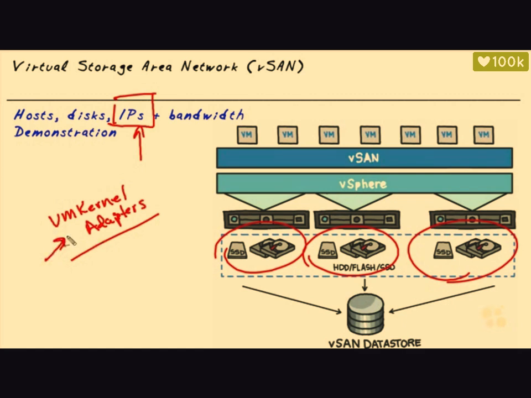So ideally, we'd have a separate VM kernel adapter with a separate IP address that's going through a switch, either a standard switch or a distributed switch, with dedicated uplinks, and then having a dedicated network just for vSAN, so there's no bottleneck there. And if we're using all solid state drives as part of our disk groups, we should have at least 10 gigs available for connectivity from the ESXi host to the network that's supporting the vSAN traffic.